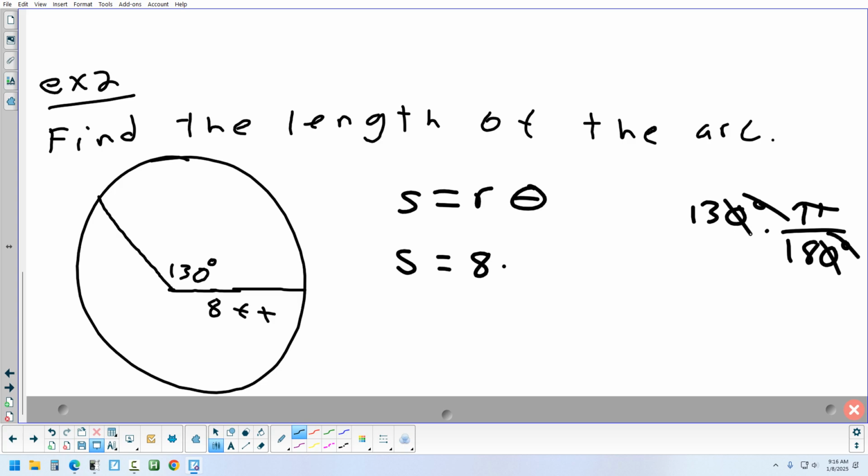Even if you didn't divide by 10, you'd still get the same answer. It just makes the numbers a little smaller. So converting 130 degrees into radians, it's 13 pi over 18. So there's my radius. There's my angle. Is there anything that I can reduce both the top and the bottom by?